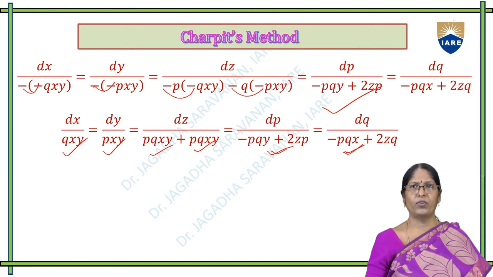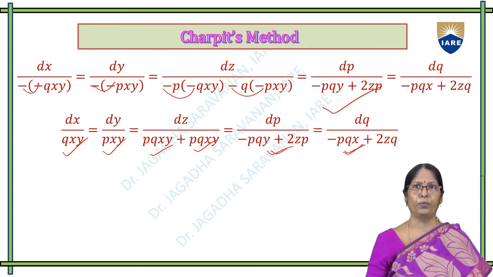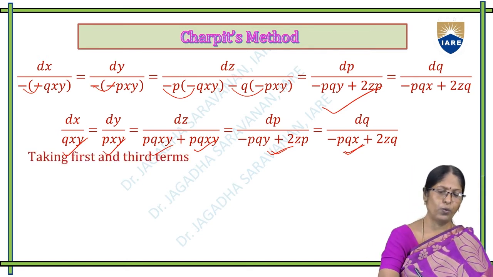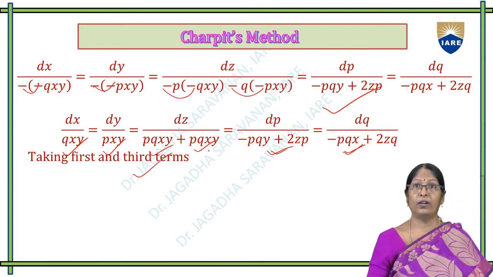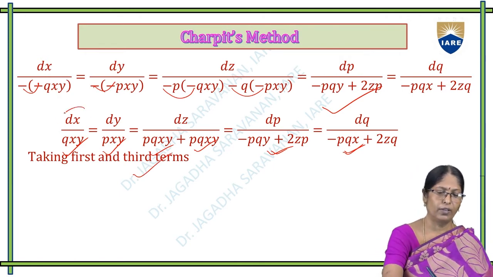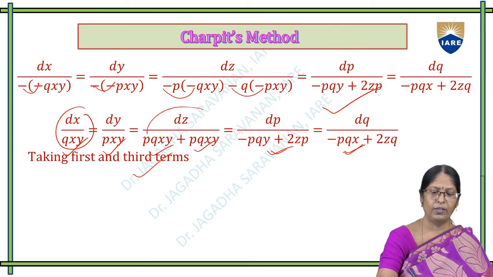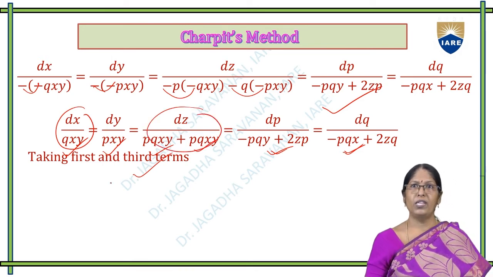Any member we can take for simplification. Finally, we have to obtain the value of p and q. So we are going to take the first and third member, these two members.